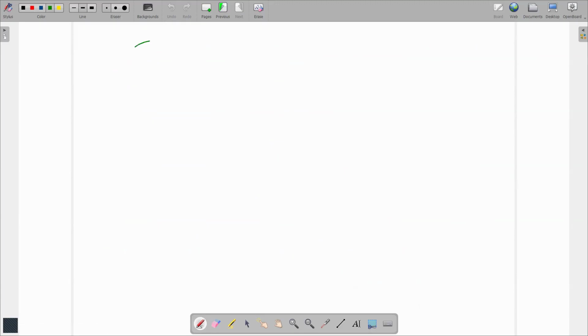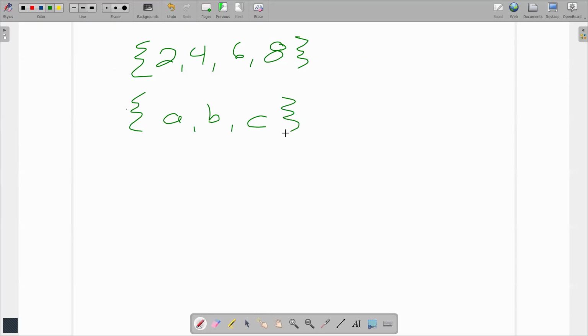Suppose I had the set 2, 4, 6, 8, and A, B, C. And we decided we want to start with the 8 maybe. So I could say 8, you correspond to C. C is taken, so it can't be used again. 6, you can connect to B. And 4, you can connect to A. 2, sorry, I don't have anyone left.